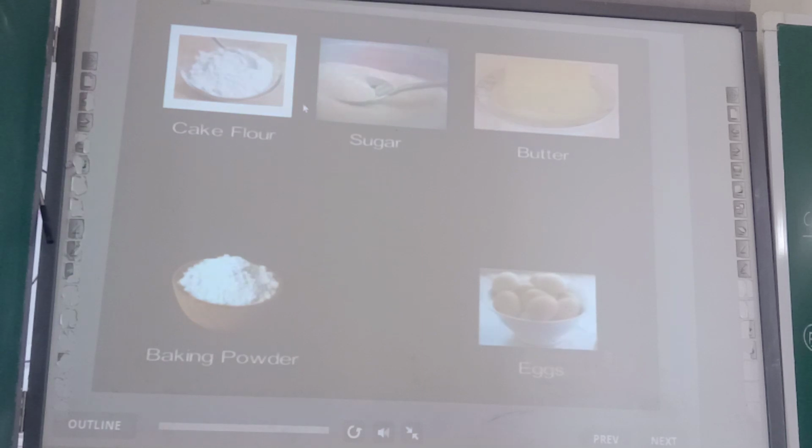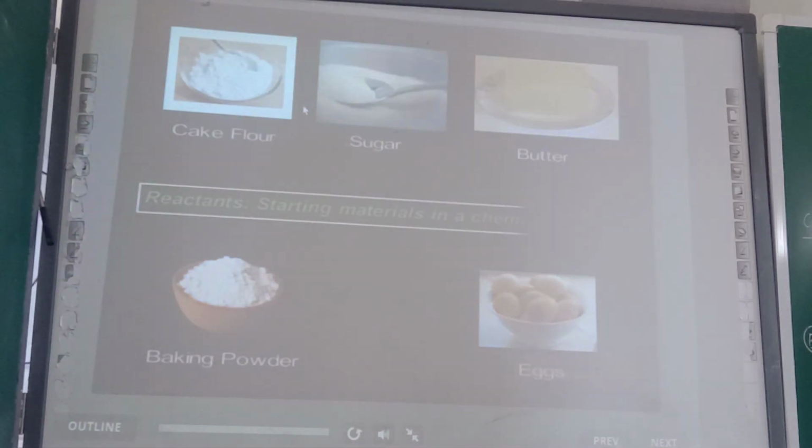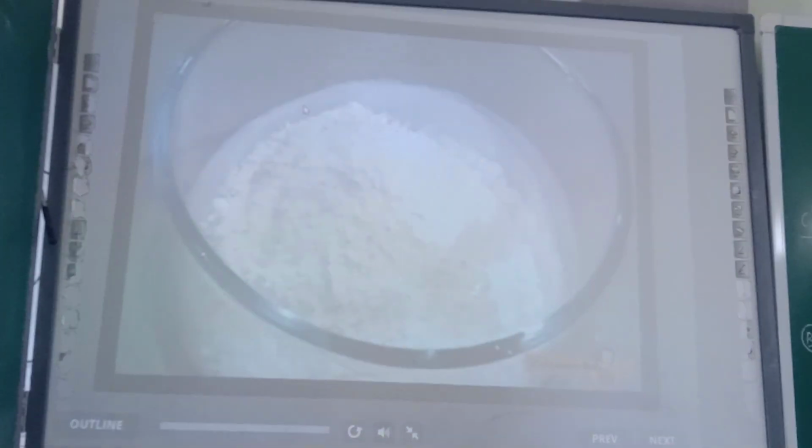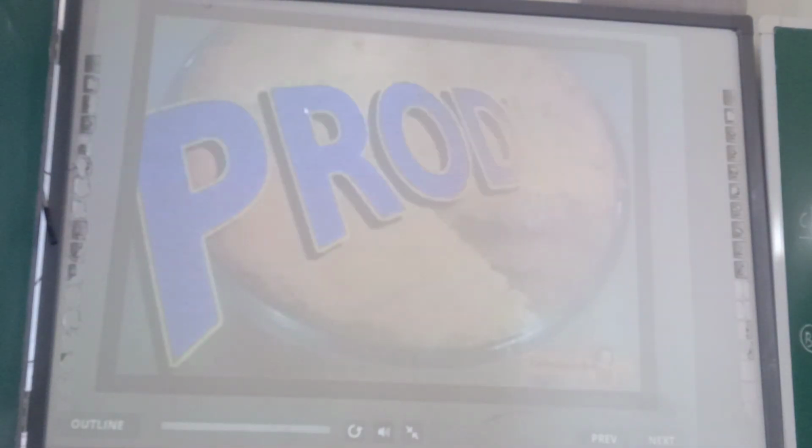The ingredients used as the starting material of this chemical reaction are called reactants. These ingredients, when mixed together, form a new substance called the product. Here, cake is the product of the chemical reaction.